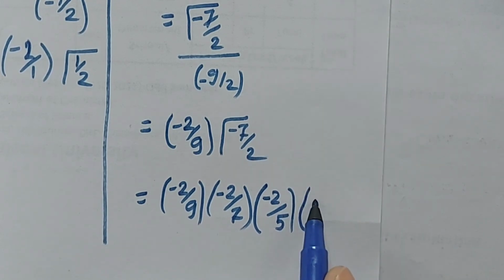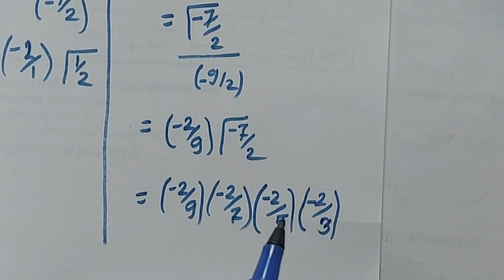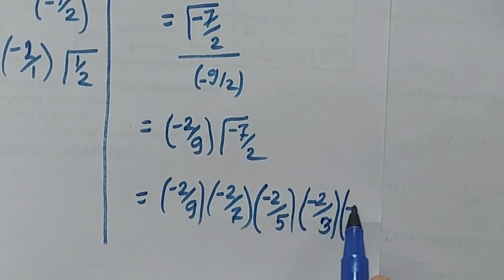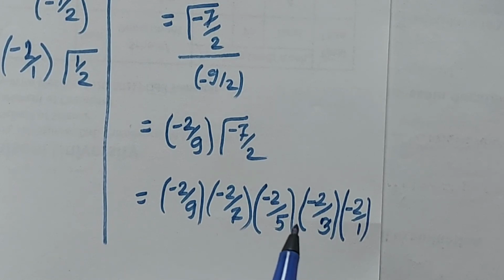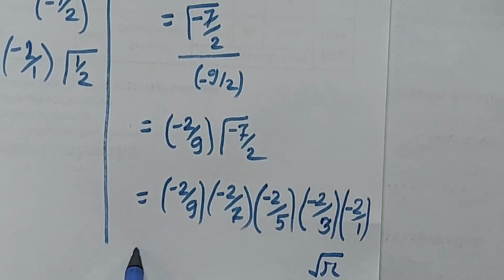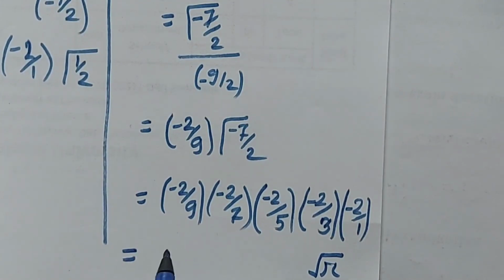So for minus 3 by 2 it is minus 2 by 3. If we add 1 to minus 3 by 2 then it is minus 1 by 2. So the next term is minus 2 by 1, and again if we add 1 to gamma of minus 1 by 2 then it is gamma of 1 by 2, and the value of gamma 1 by 2 is under root of pi. So the final answer for this term is minus.